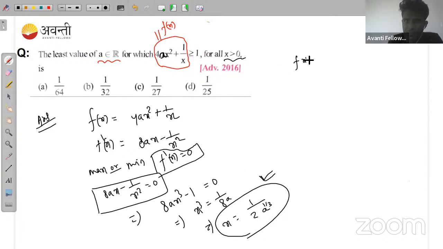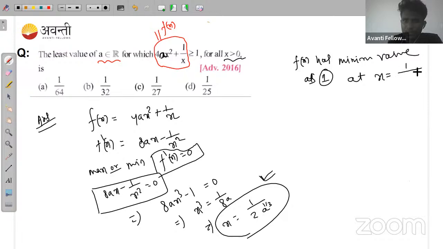Can I say that f of x has minimum value 1 at x is equal to 1 by 2 a to the power 1 by 3?